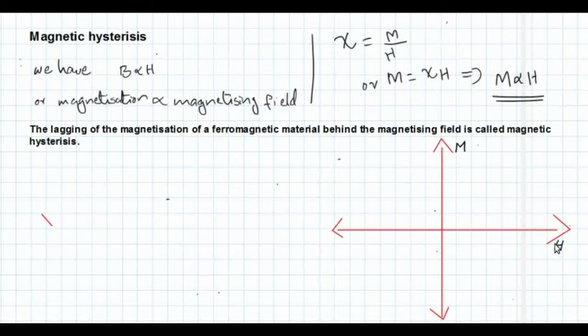Here H represents the magnetizing field, and M represents the magnetization of this ferromagnetic material placed in the magnetizing field. We are starting from 0. Now we are increasing the intensity of the magnetizing field, and there is a corresponding increase in the magnetization of the material.